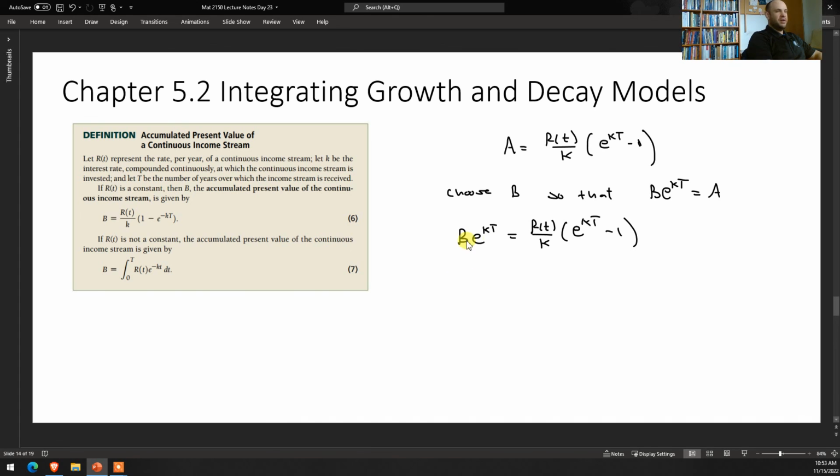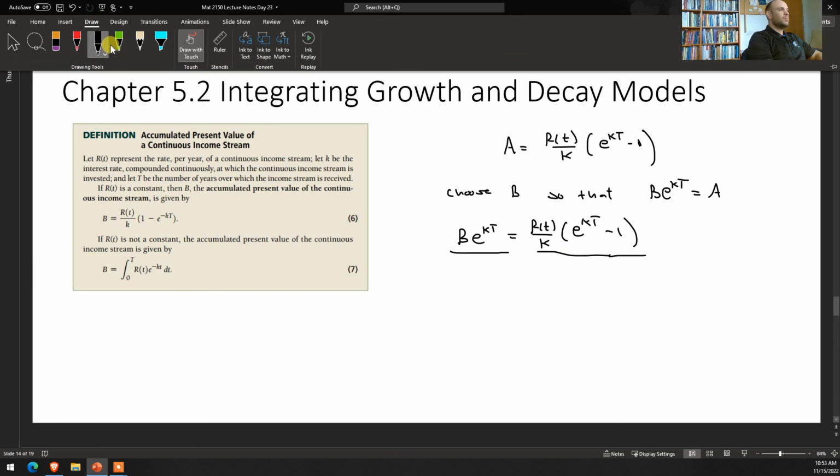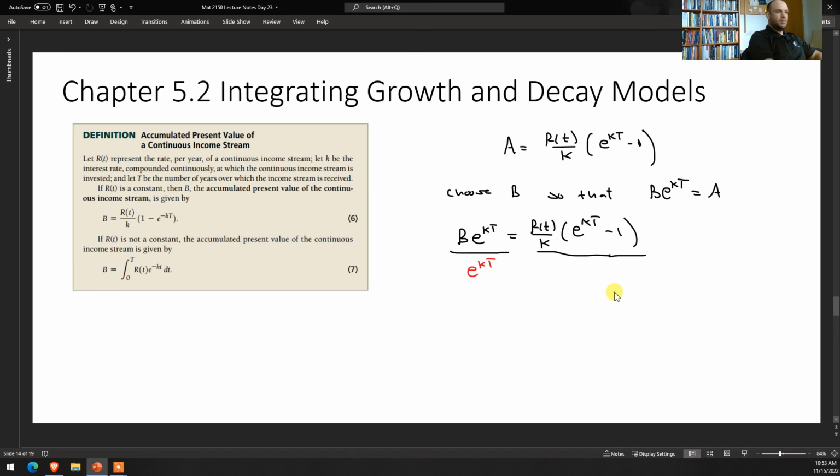Now we can divide both sides of this by e to the kt. Now we can simplify. On the left-hand side, we get a cancellation.